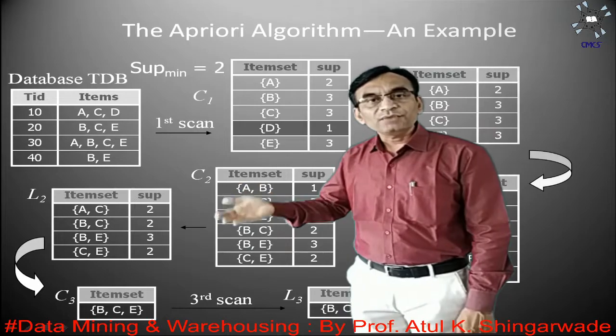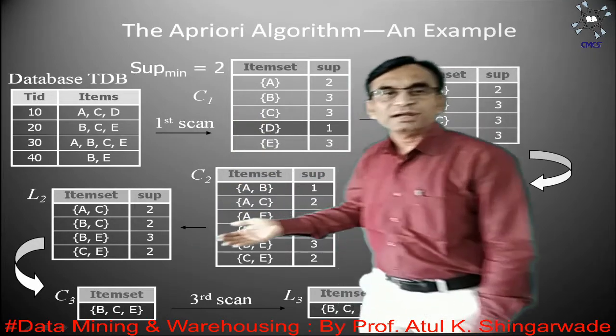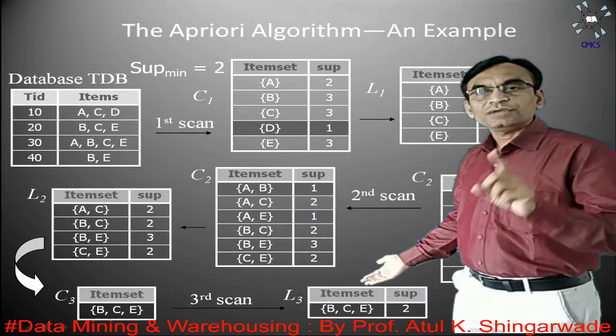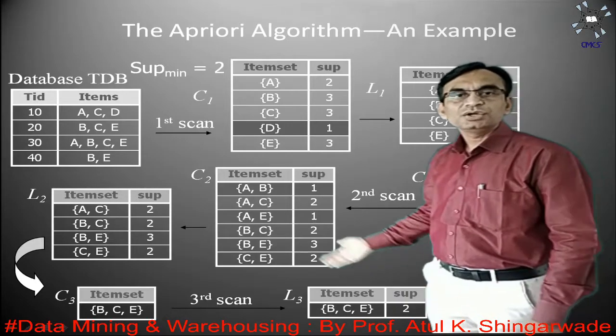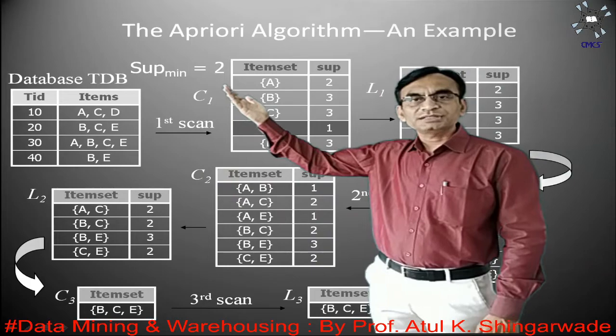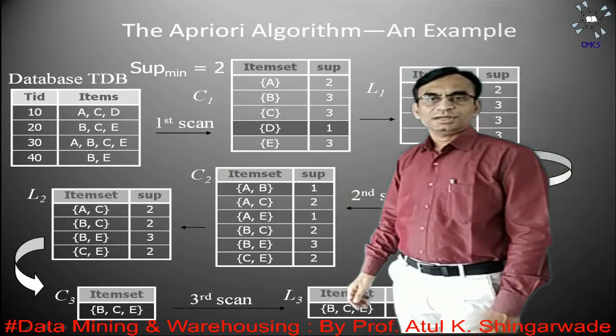Whenever we apply this minimum support criteria over that, we will get only one item set, BCE, whose support count will be 2, and that matches the support count which is already provided, so BCE.